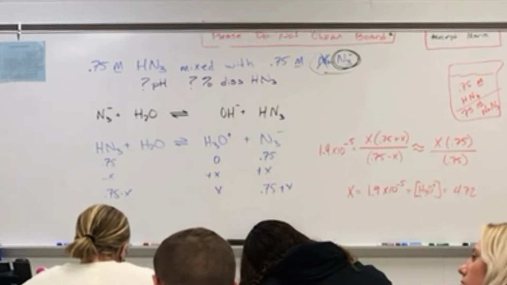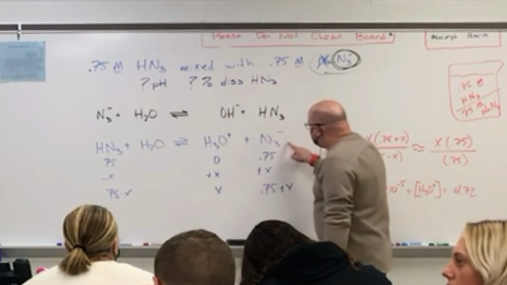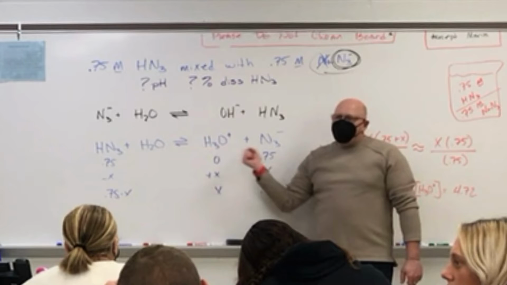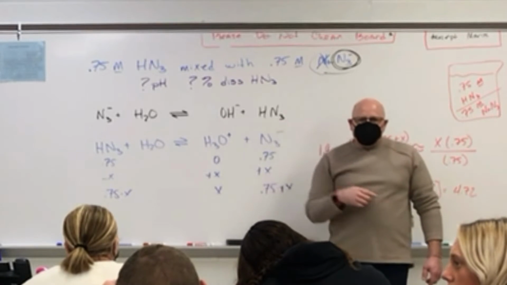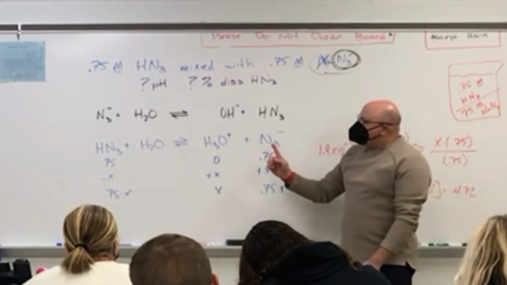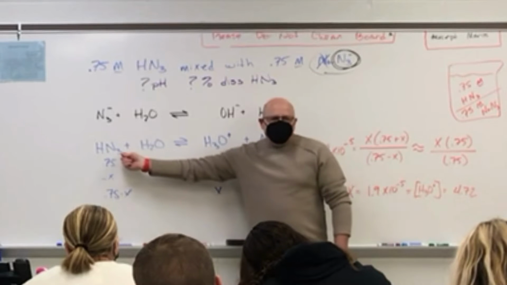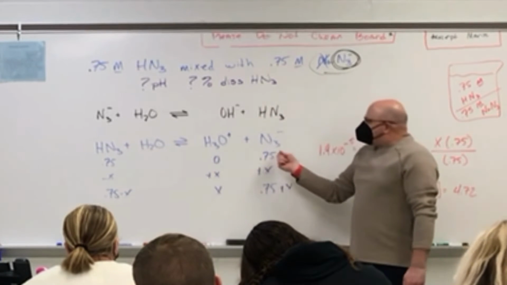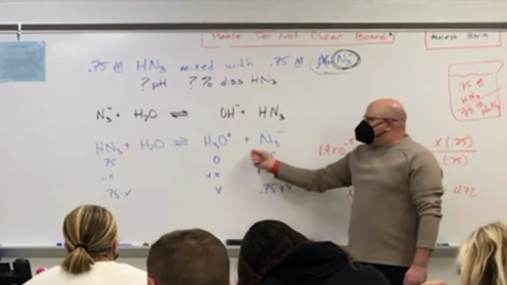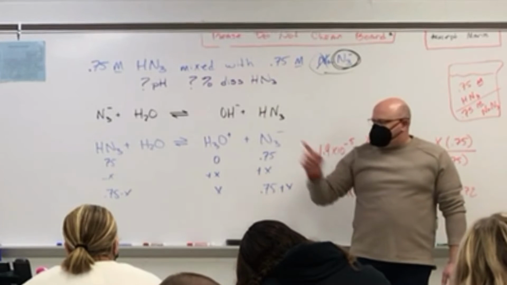The reason we would choose this is because this is the stronger acid. So if I add this to the water, it's going to react with this hydronium before it reacts with its conjugate.